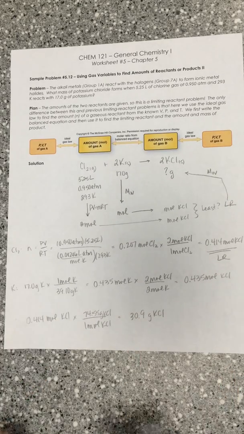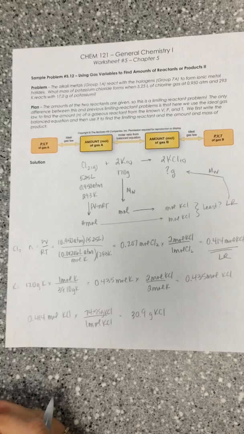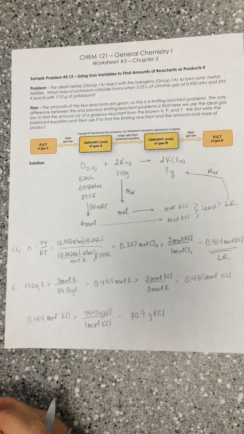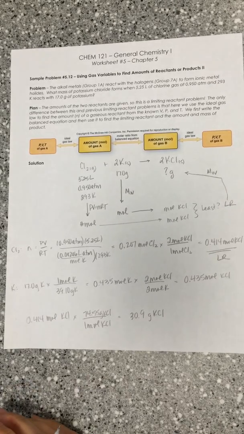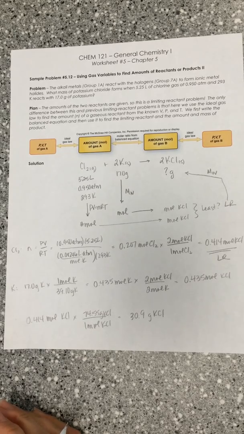So let me just give you a heads up of how we could tweak this problem, how I could make it a little bit more difficult. You could add on a little extra part that had something to do with theoretical yield or percent yield. I could give you this information and then say something like you isolated 28.7 grams of KCl.